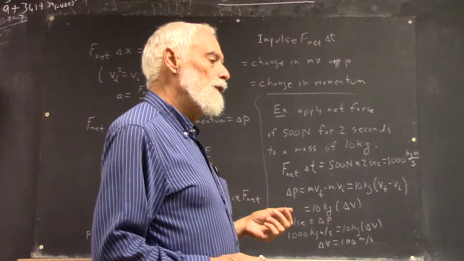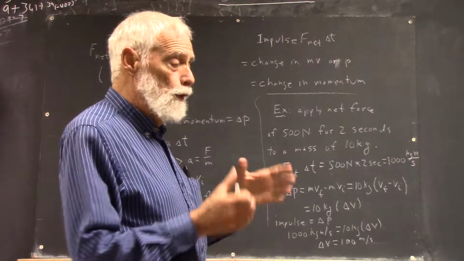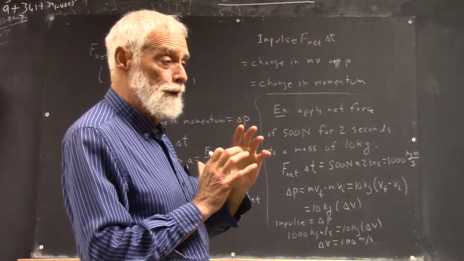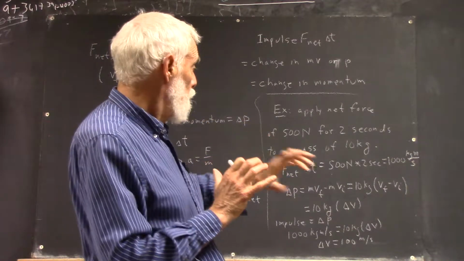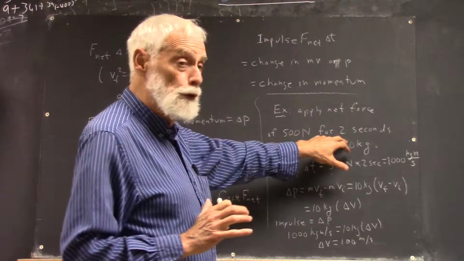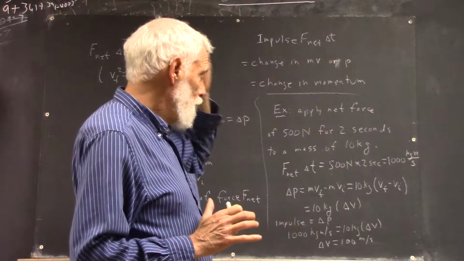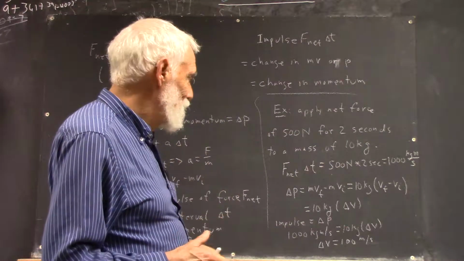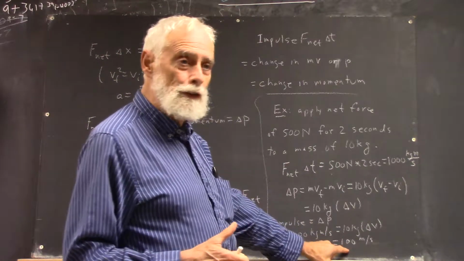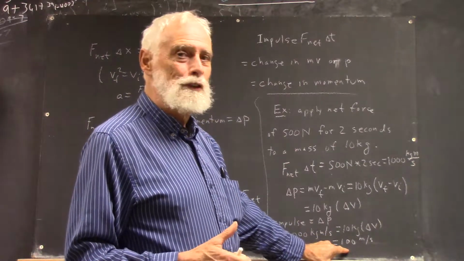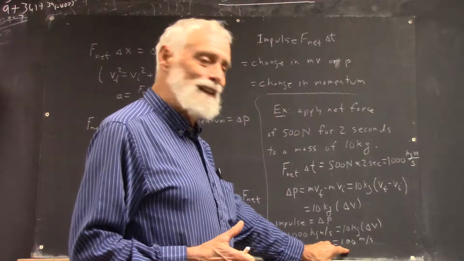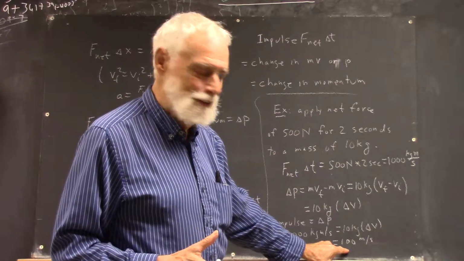Now, you couldn't actually do that. If I give you a 10 kilogram object and tell you to apply a force of 500 newtons for 2 seconds, you can't do it, simply because that thing is going to be moving faster than you can move any part of your body within just a fraction of a second.